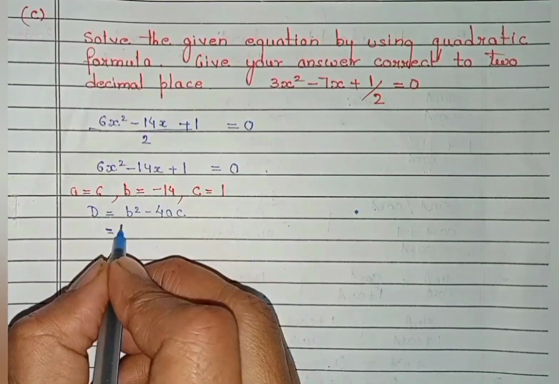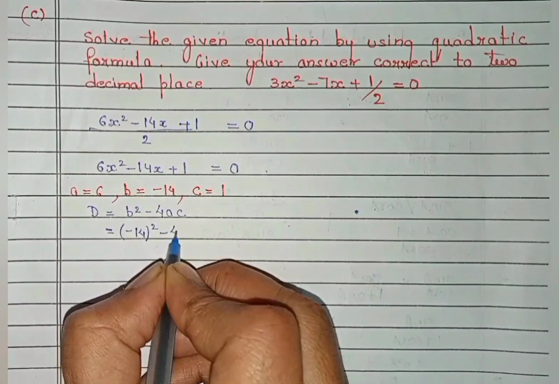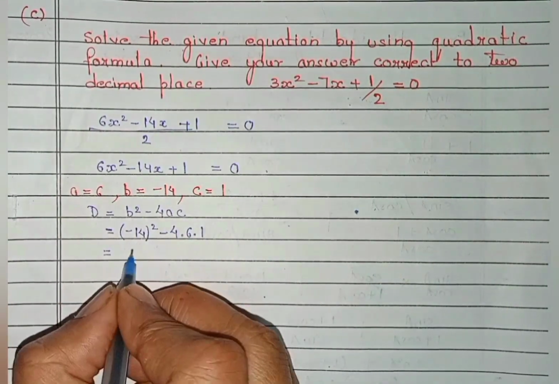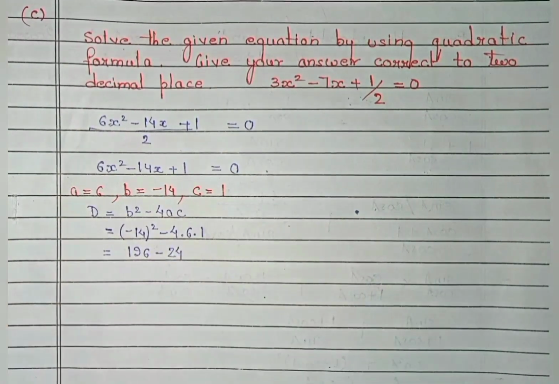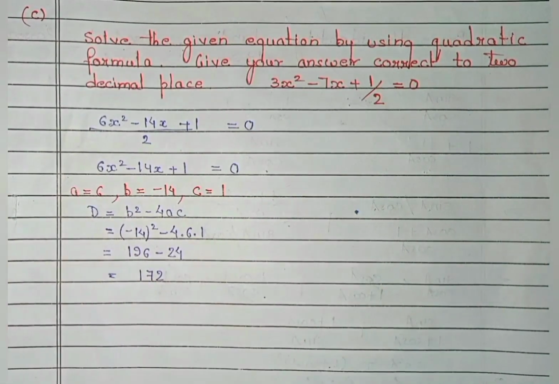So here b is minus 14, so square of it. Then we have 4 into a into c. 14 square will give you 196. From that you will subtract 24. So you will be getting 172. You have got the discriminant.